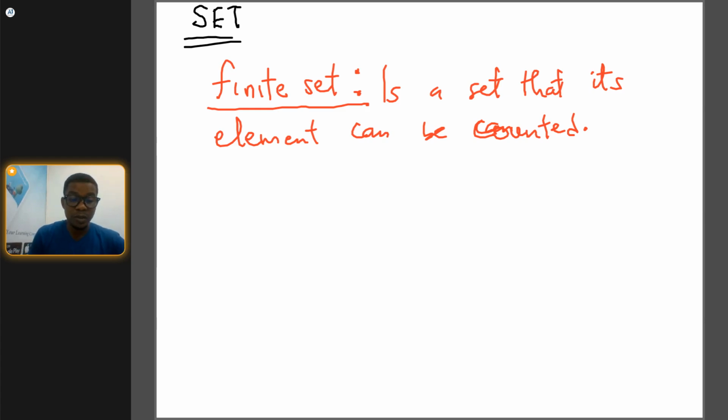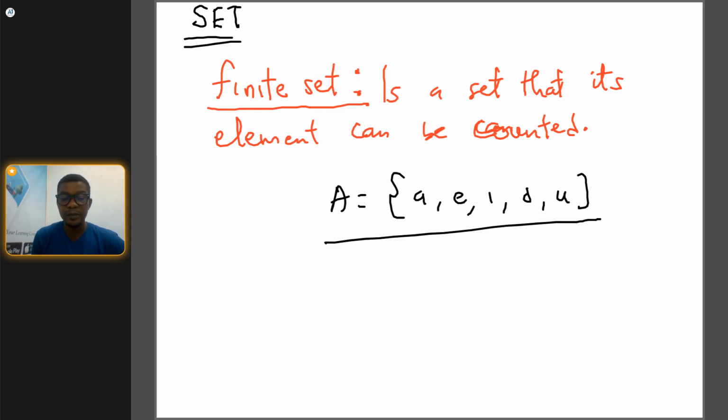Let's consider this and see if it is countable. We have a given set A equals A, E, I, O, U. Now, can we count these elements? The elements are each members in the set. A is an element, E is an element, I is an element, O is an element, and U is an element.